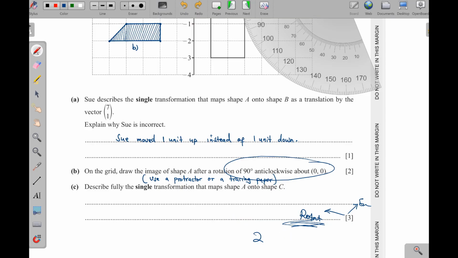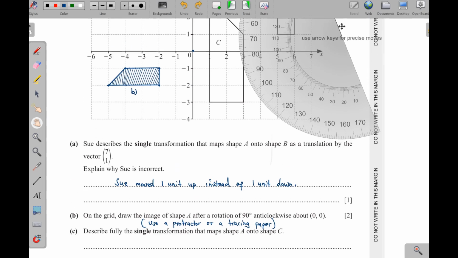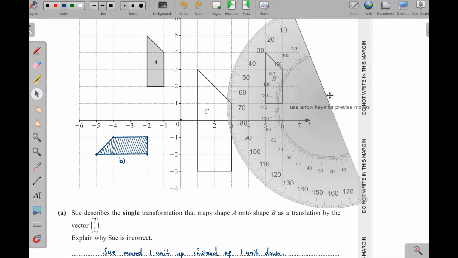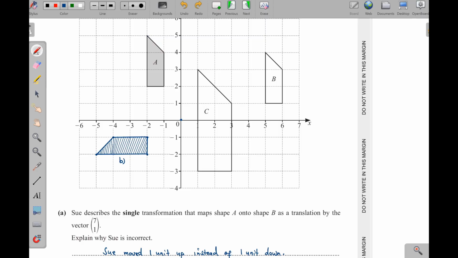Okay, now let us look at this one here has to be enlargement. Now for enlargement, the object and the image are of different sizes, okay? But for the rest, if it is rotation, if it is translation and then reflection, the object and image are congruent shapes, okay?